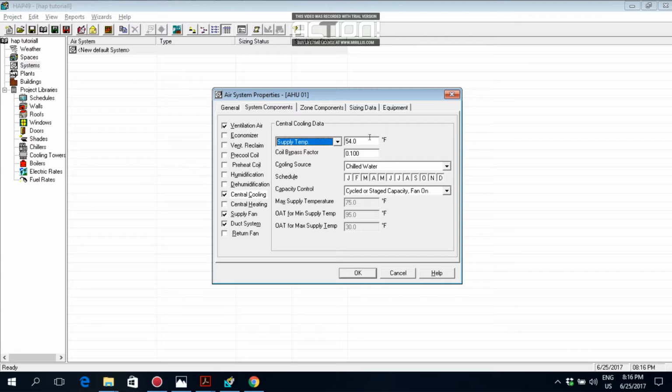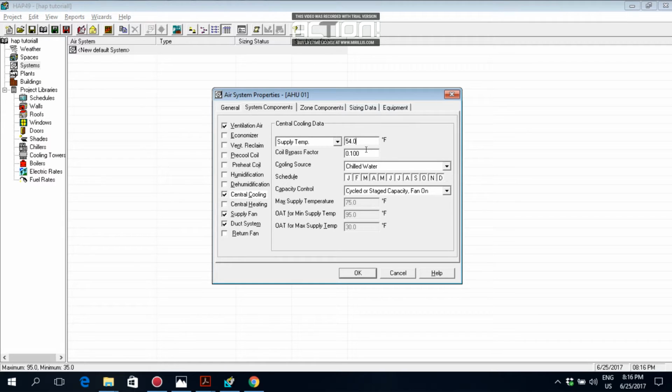For example, if we are selecting this air handling unit for industries or textile industries where you need more humid condition, or for a gym area where you need more latent heat, this temperature is going to differ. This is completely trial and error. But in the general case, for office and residential purposes, we will consider 54 to 56 or 52. So this is the 54 Fahrenheit we have considered over here.